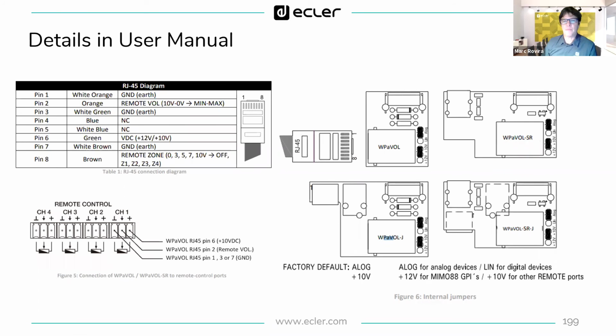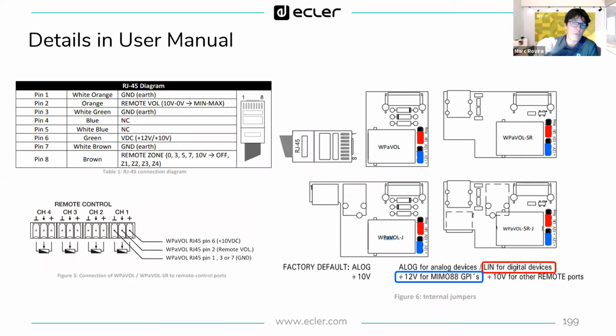Keep in mind that all the remotes come configured for other devices, analog devices, so you will have to change as well the jumpers which you have in these wall panels. This is in the manual as well, but just remember to take care of this when you are installing it.